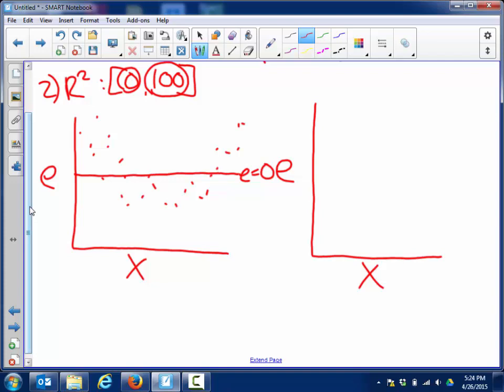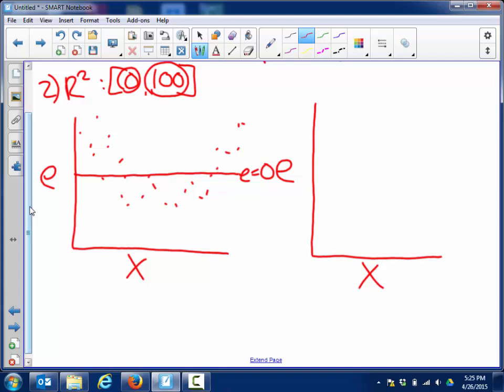So if I see a residuals plot on my calculator that looks something like this, that tells me that a regression line is not appropriate for the original scatter plot because there's a pattern in the data that is not being explained by a line. It takes on a quadratic form.